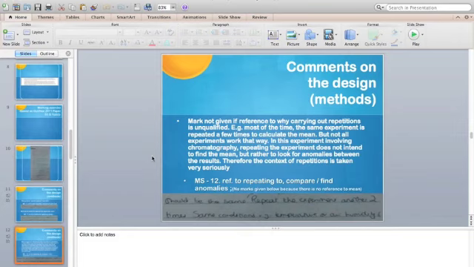Another thing that Christine mentioned was in reference to carrying out repetitions. We must advise our students that when they write about repeating the experiment, they must refer to why it is being carried out.